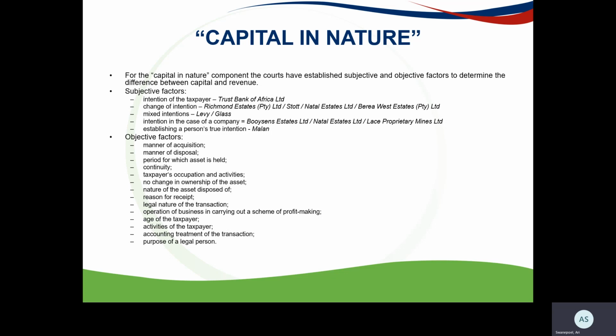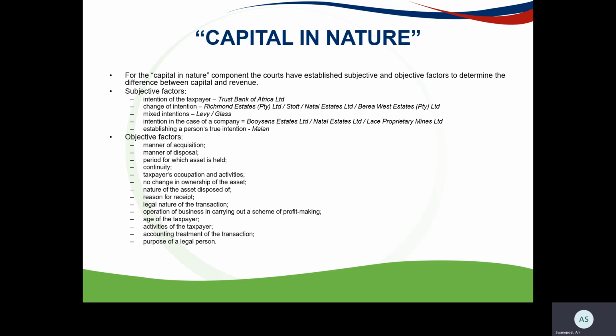There's the Richmond Estates case, Stott, Natal Estates, Berea West Estates, and where there are mixed intentions, the Levy and the Glass cases. So sometimes if there's a mixed intention, the receipt or accrual can be apportioned into capital and revenue.